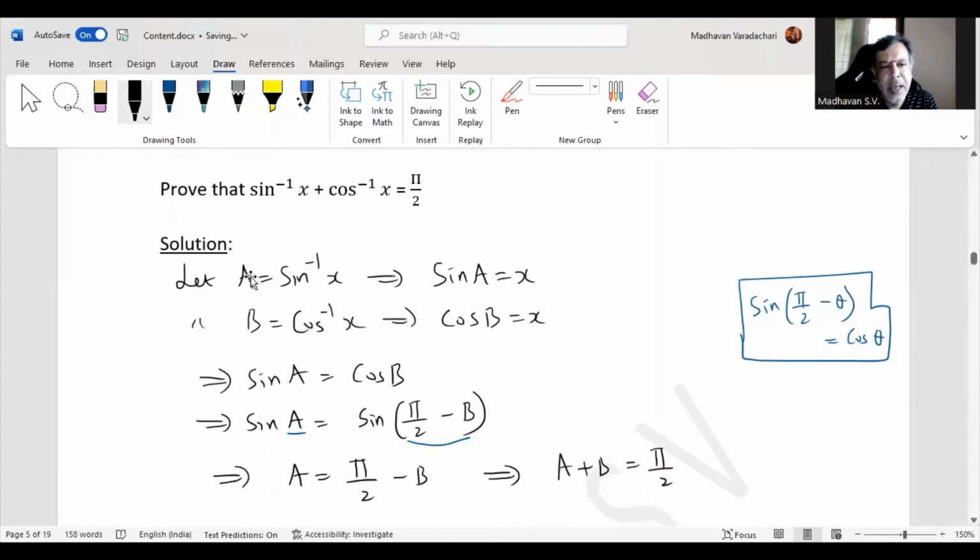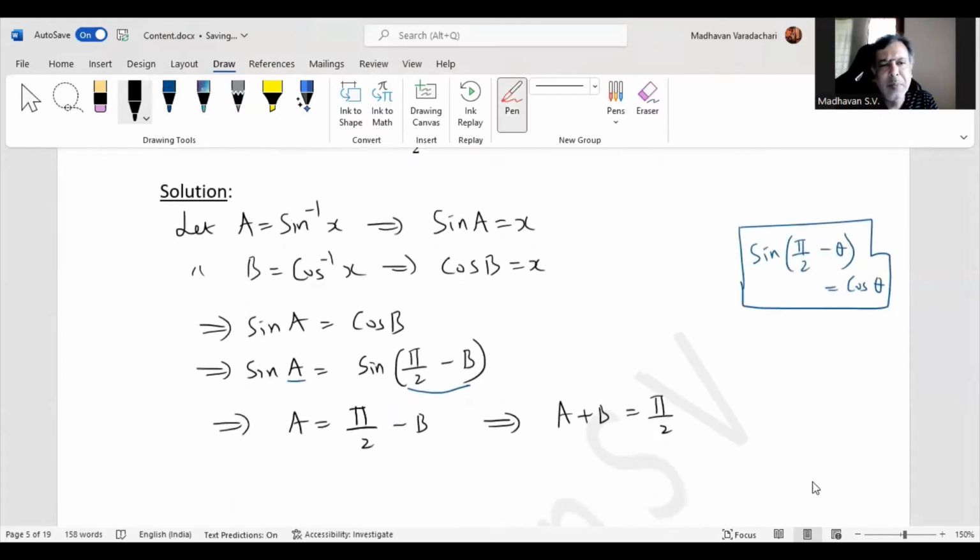Already we assumed A as sine inverse of x, B as cos inverse of x. So A plus B is nothing but your left hand side, and pi by 2 is nothing but your right hand side. Hence proved. So that is the solution for this particular problem.